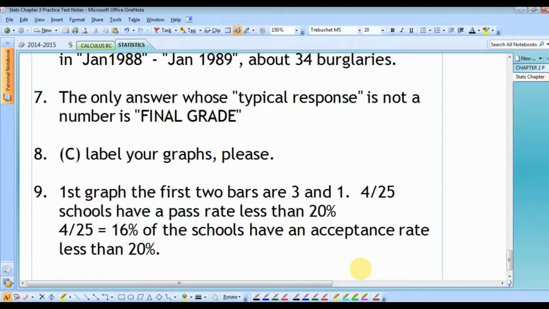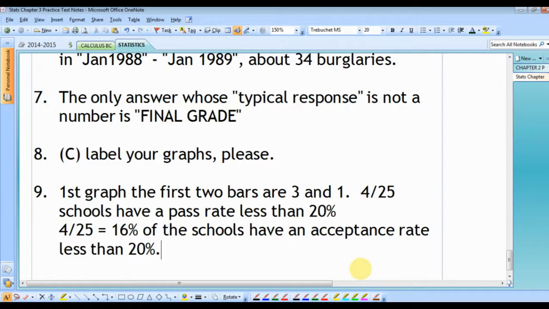I don't know what it's asking. Okay. So now we're going to ask, what interval contains fewer than half of the observations? How many observations do we have? Well, it says 25, right? 25 business schools.